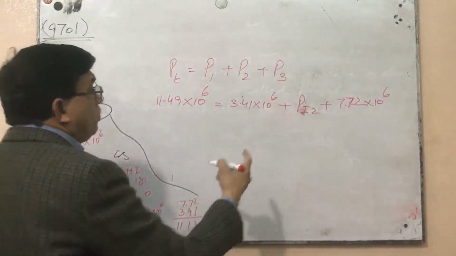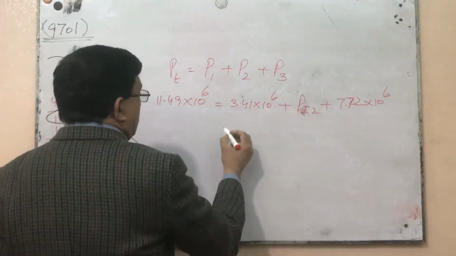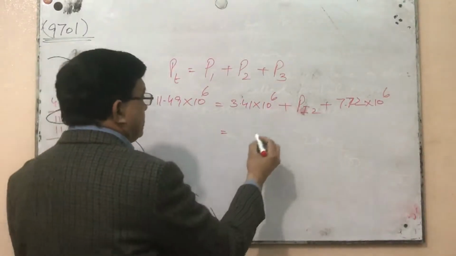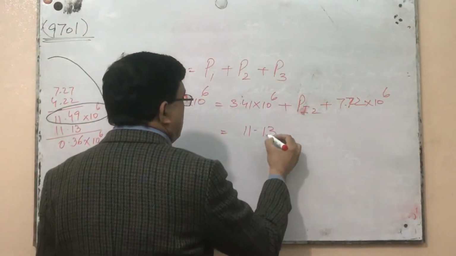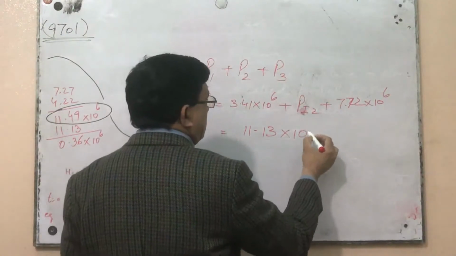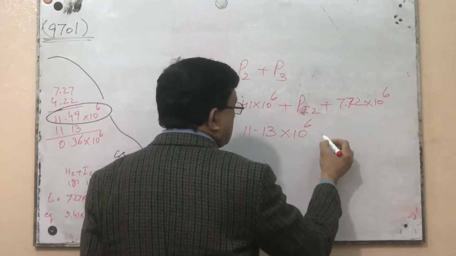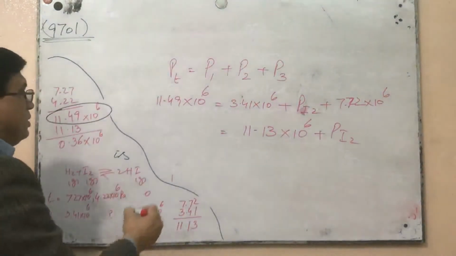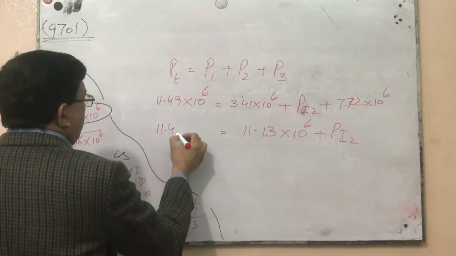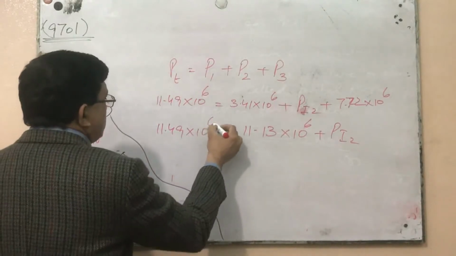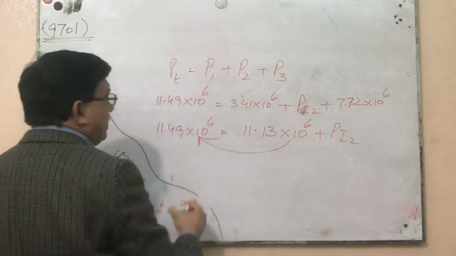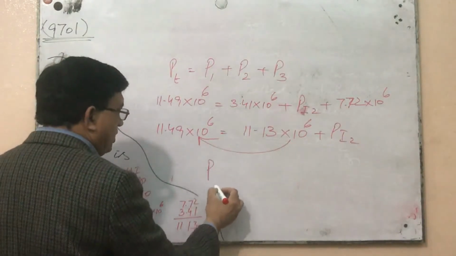Now, what will we do? We will add both of these. On adding both of these, we will get the answer as 11.13 into 10 to the power 6 Pascal plus the partial pressure of iodine. The total pressure is 11.49 into 10 to the power 6. By subtracting this partial pressure from the total pressure, we will get the partial pressure of iodine.